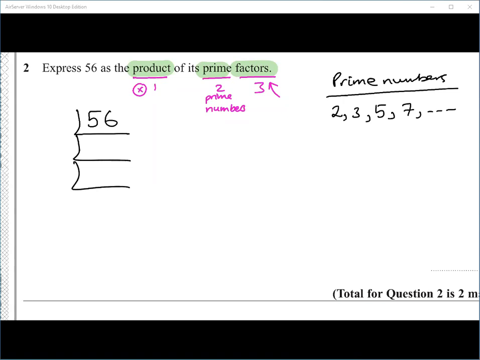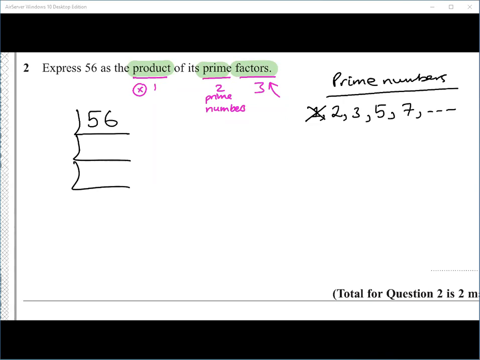Can you explain to us why 1 is not a prime number? Because it goes into everything. That's not the reason. To qualify as a prime number, to join the prime number group, it must divide by only 2 factors: 1 and itself.